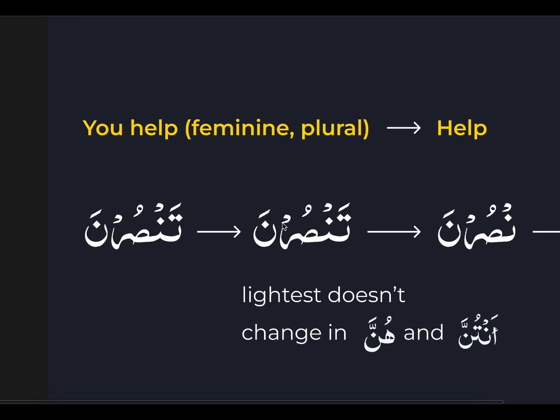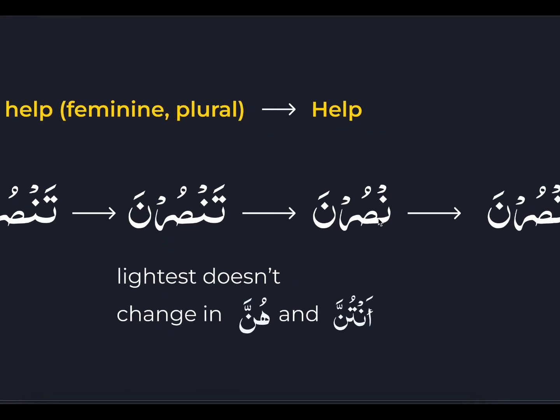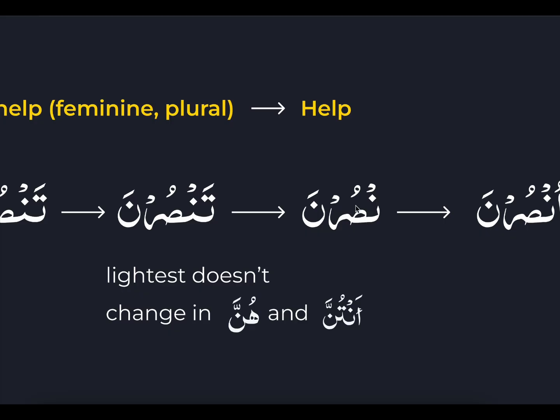Tansurna cannot be made lightest. Why? Because I have told you that the hunna and antunna versions don't change to lightest or light like other words, so they stay the same. Tansurna stayed the same. Now I still have to get rid of ta.